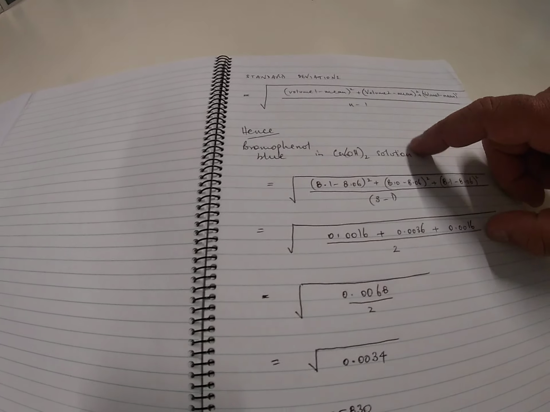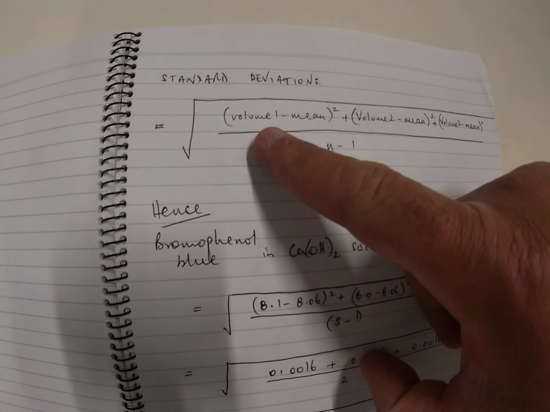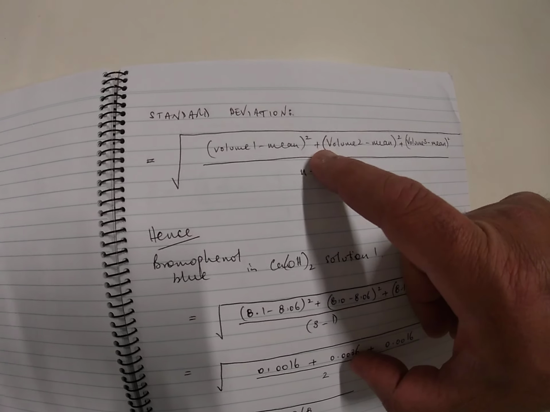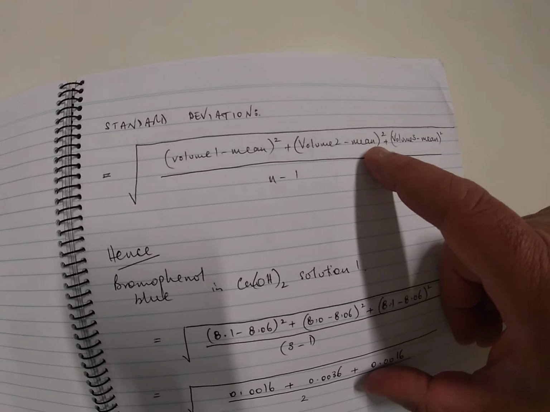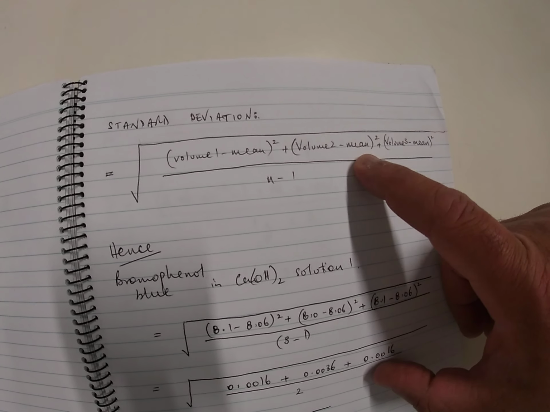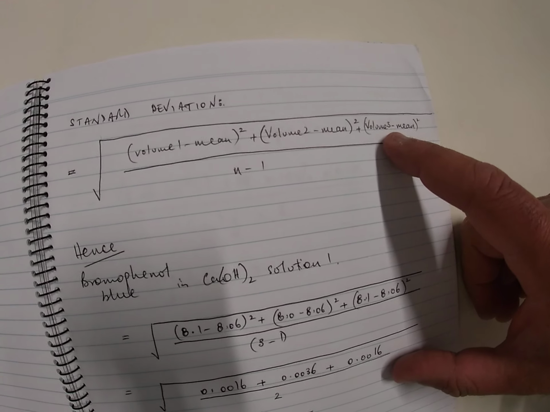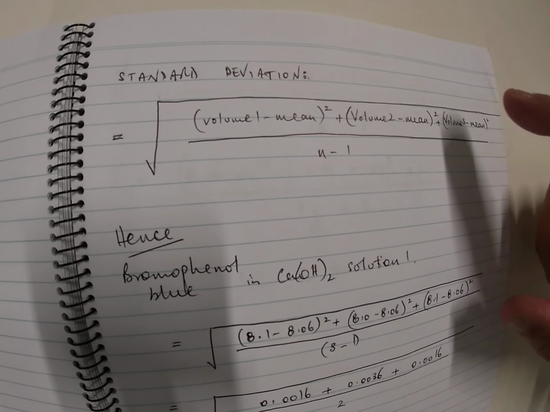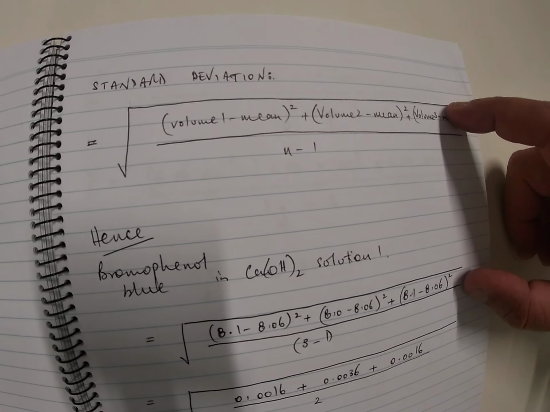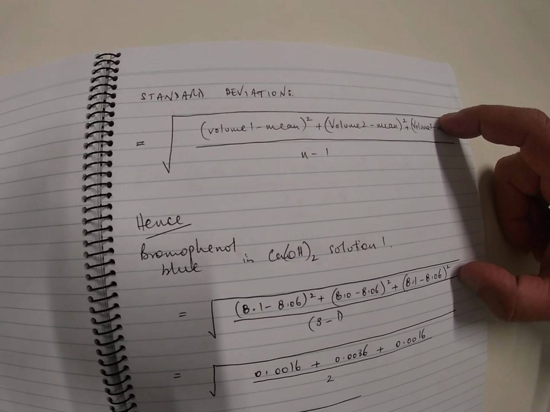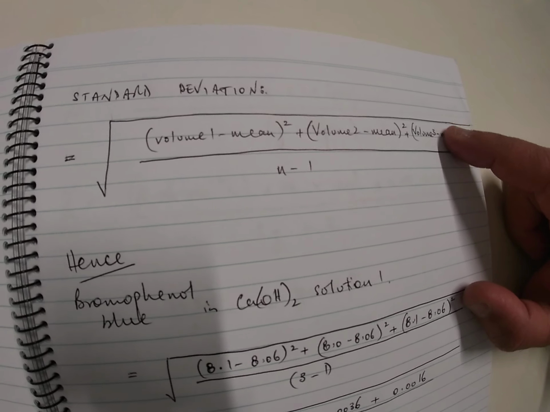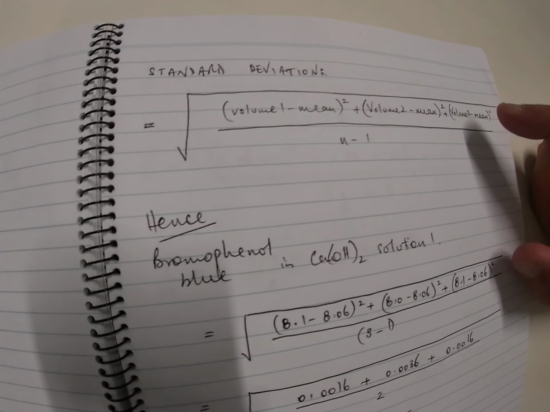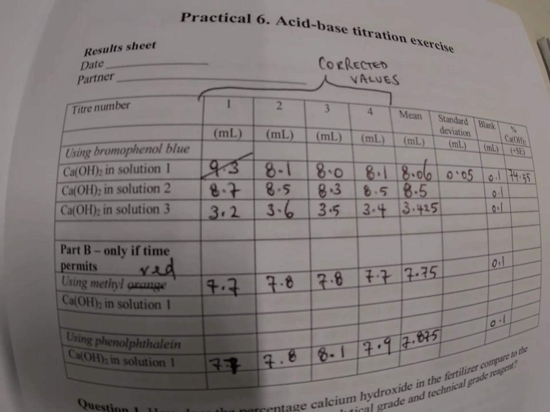The formula for standard deviation is volume 1 minus the mean, all squared, plus volume 2 minus the mean, that number also squared, plus volume 3 minus the mean squared. Now we're only using 3 values for this standard deviation for calcium hydroxide in solution number 1. For the other subsequent titrations, you'll need to include all 4 values.